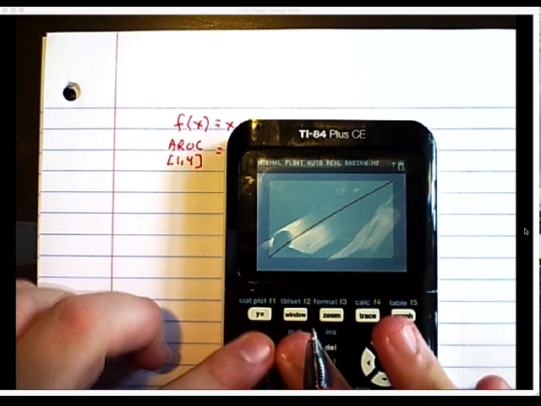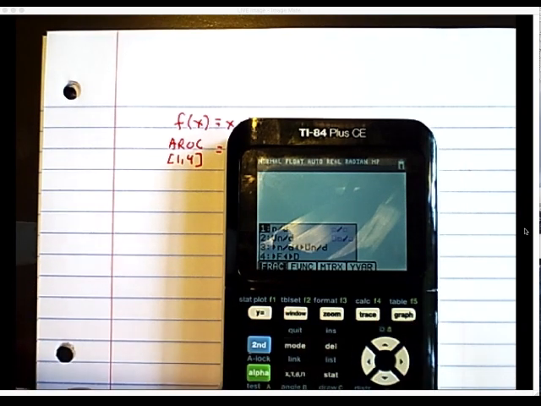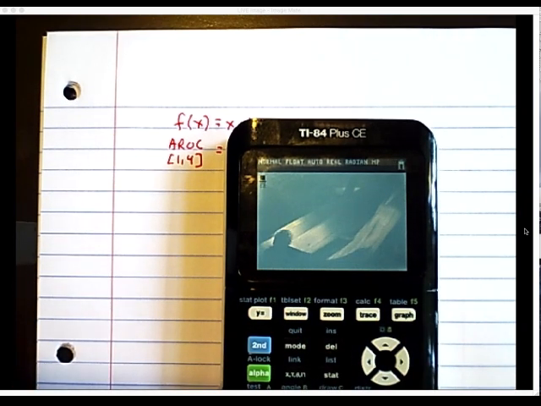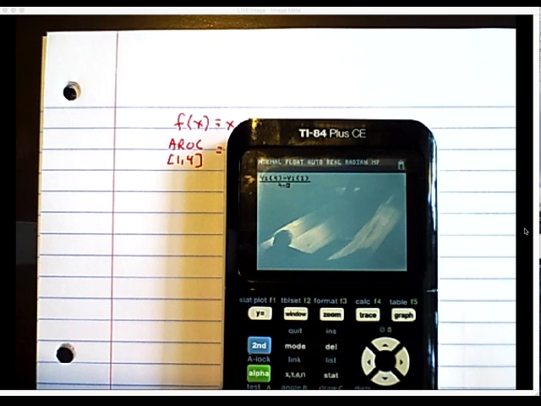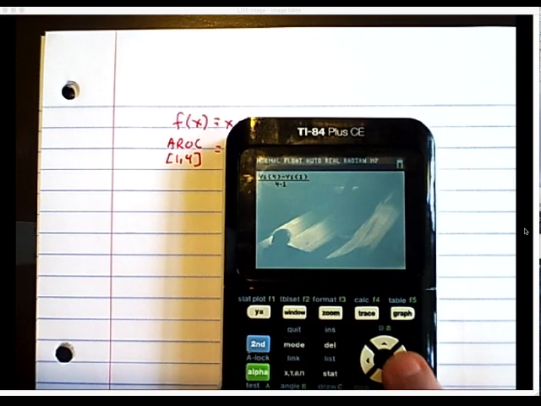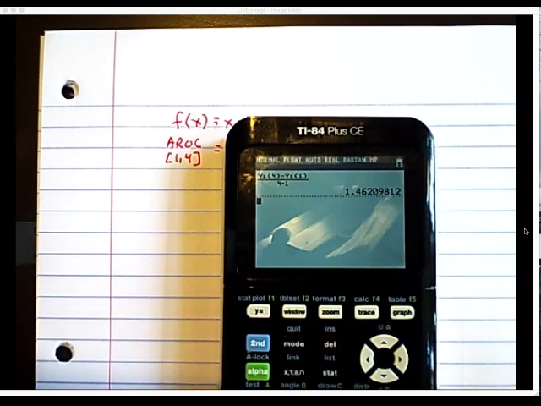Now if I want to find the average rate of change, a quick way to do it: go back to my home screen, make a fraction, and take y1 at 4, that's the y value at 4, minus the y value at 1, all over 4 minus 1. I can do it in one step. So that's about 1.462.